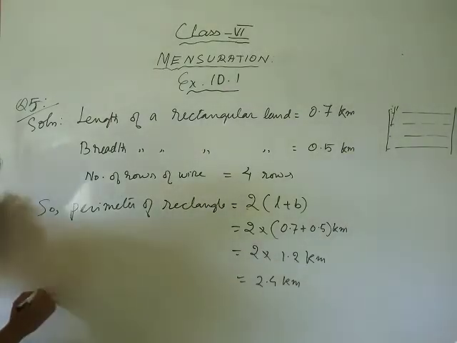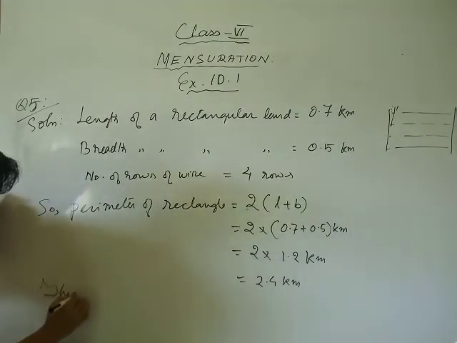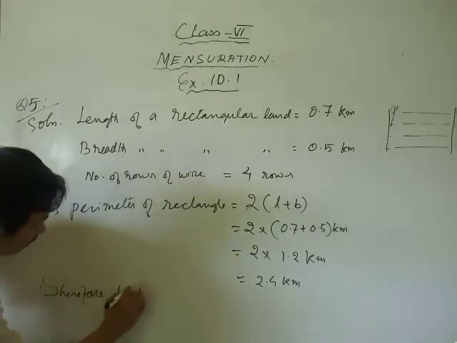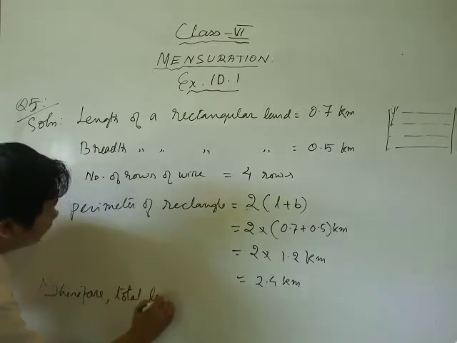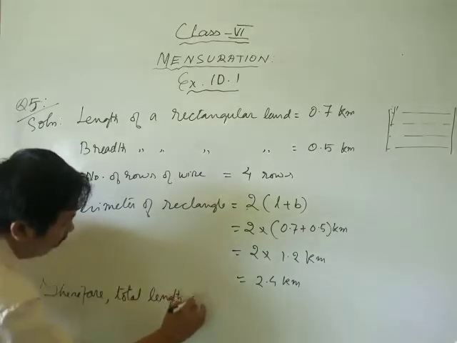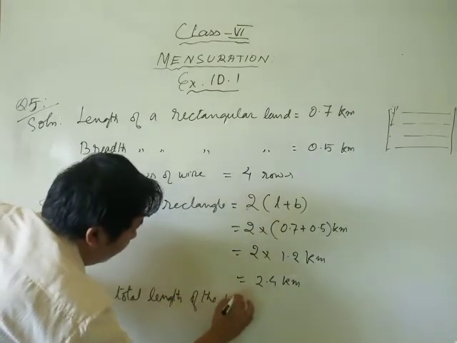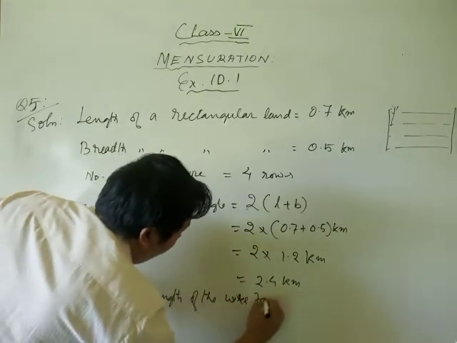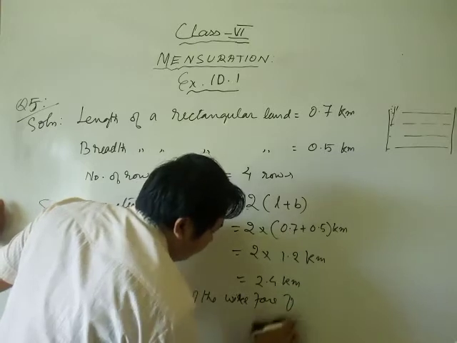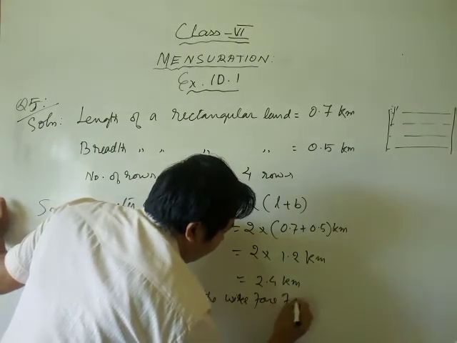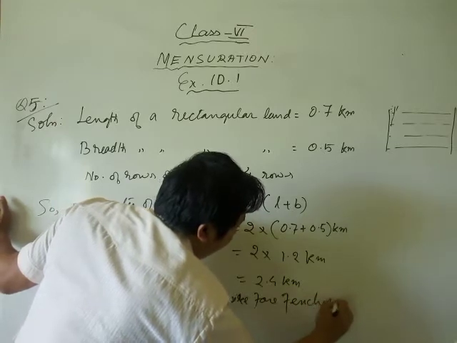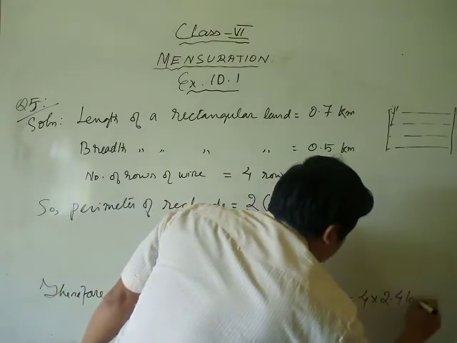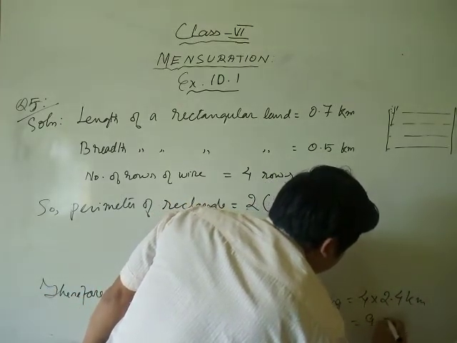So therefore, total length of the wire for fencing will be 4 into 2.4 kilometer.